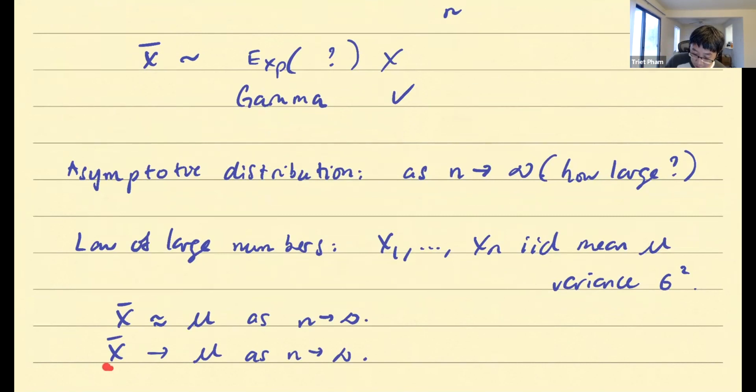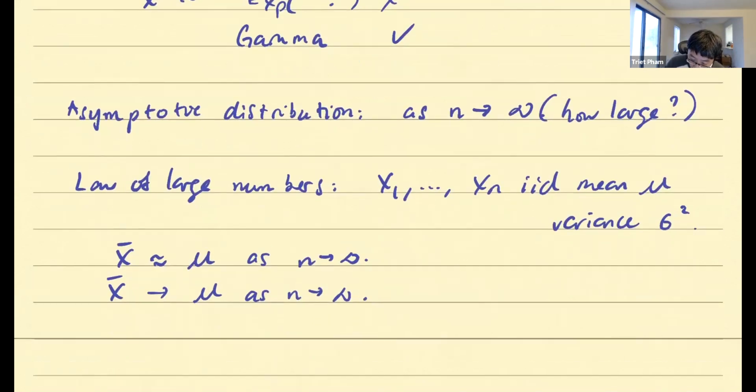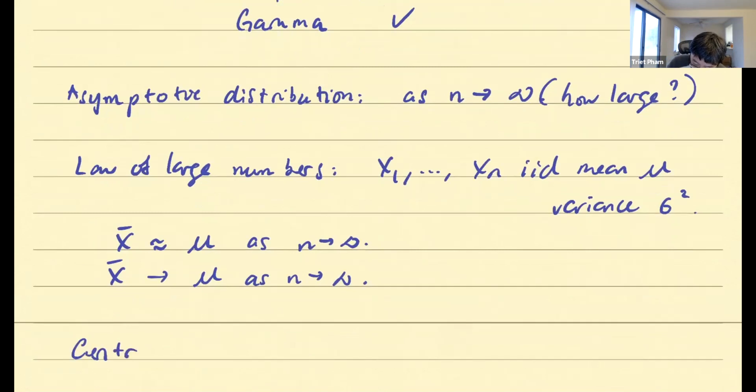This is a random variable, always a random variable. So when you say it goes to mu like this, you must explain what you mean by that, which is not the point of this class. So I'll just say, roughly speaking, if you have a very large sample size, when you form a sample mean, you can be pretty sure that it's so close to the true mean that the error is very small. All right, that's the law of large numbers. The second one is the central limit theorem.